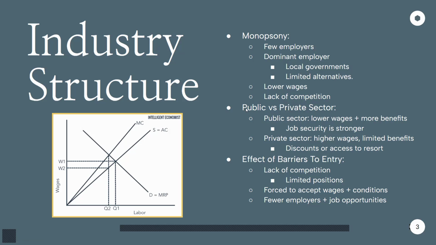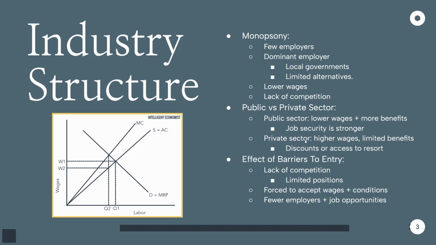Next, the public versus private sector. In the public sector for lifeguards, the wages are usually lower due to budget constraints, but lifeguards do receive better benefits, such as health insurance, retirement plans, and paid leave. This means that job security is most likely stronger, especially for full-time positions with more stability for year-round roles.